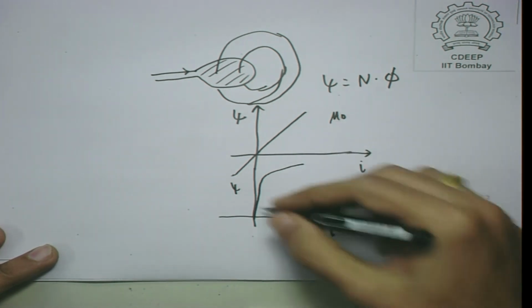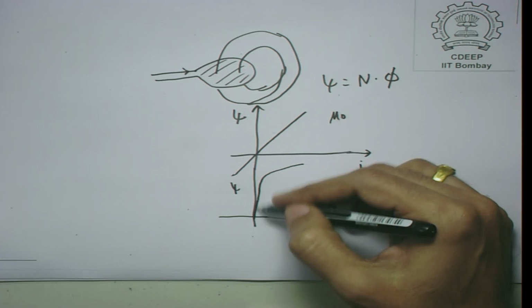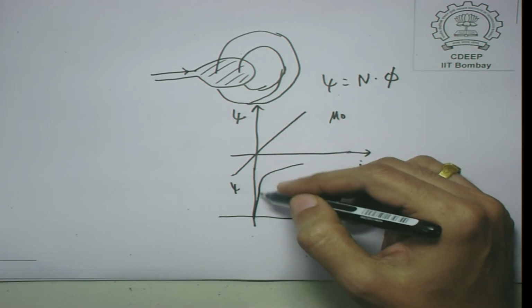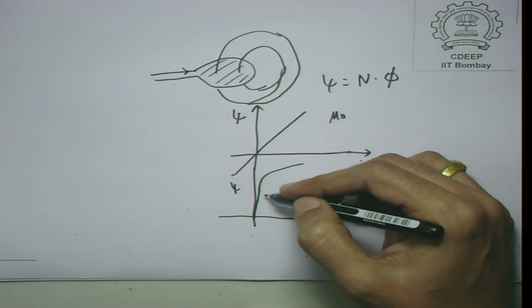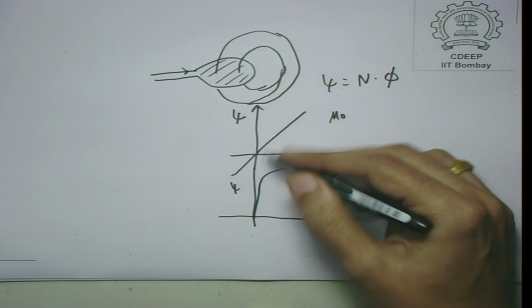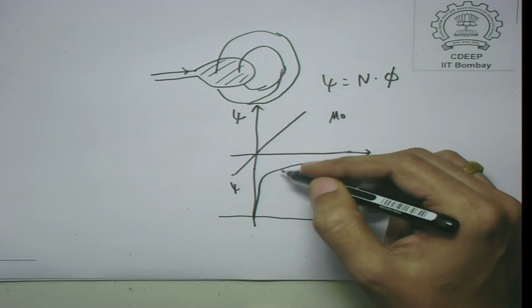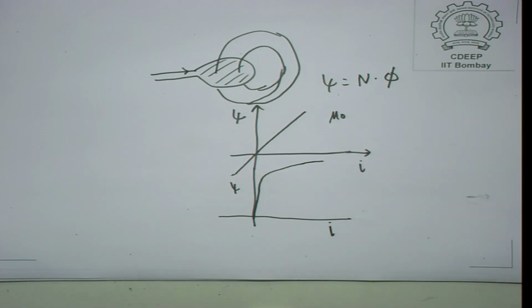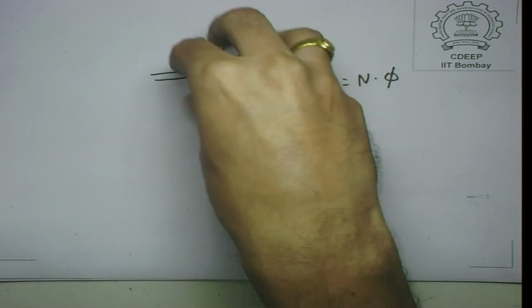So, your psi-I relationship, the slope of this is much larger, could be as high as 1000 or 10,000, tens of thousands of times higher than the slope of this. But as the flux level increases, there is what is known as a saturation value of flux density. Flux and flux density are equivalent, because in this case we are not changing the geometry of this.